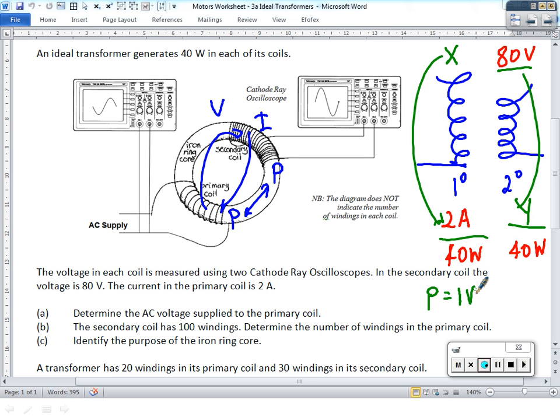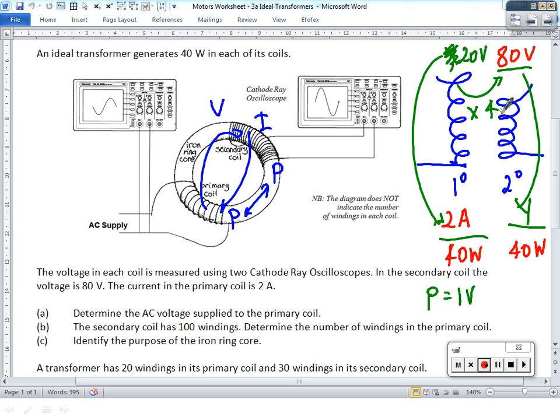So can we now quickly work out what is the AC voltage in the primary coil? Well, what times 2 is 40? 20. So this must be 20 volts. So I now know that. If I know that is 20 volts, do I know this is a step up or a step down? Up. And what's the factor of the step up? It's a times by 4. Okay?